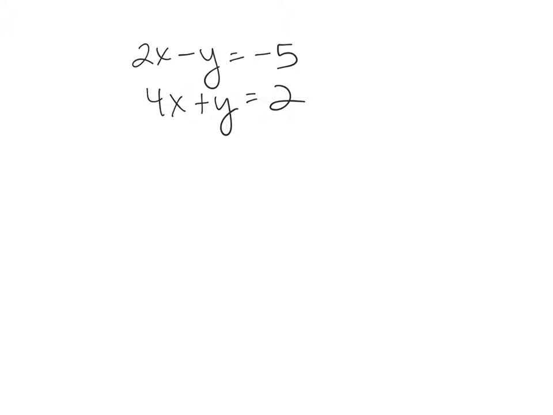But the way to go on this one would be to leave the plain y on the second equation alone, okay? So if we leave this y alone, I have -y equals -2x minus 5, because I moved the 2x to the other side. But now I have to leave the y completely alone. So we have y equals positive 2x plus 5.